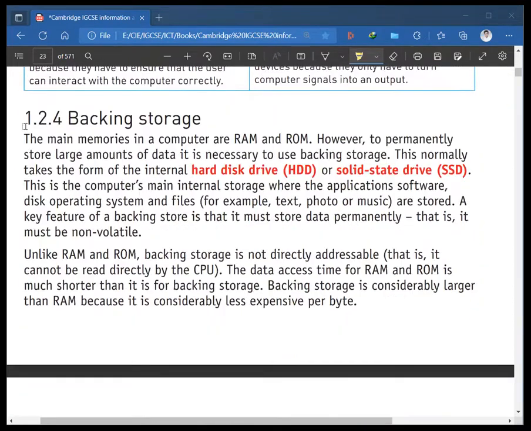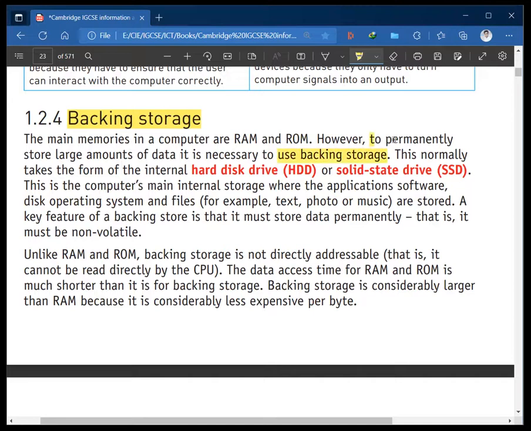Input and output devices. Now, backing storage. Read from the beginning. Read the whole thing. The main memories in a computer are RAM and ROM. However, to permanently store large amounts of data, it is necessary to use backing storage.